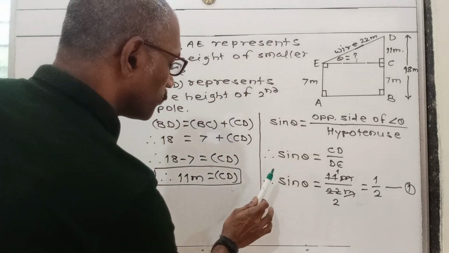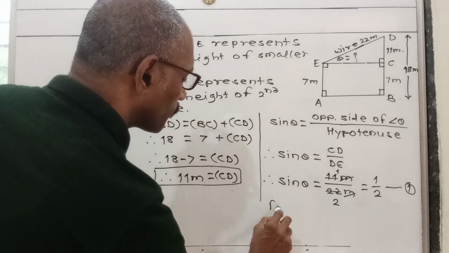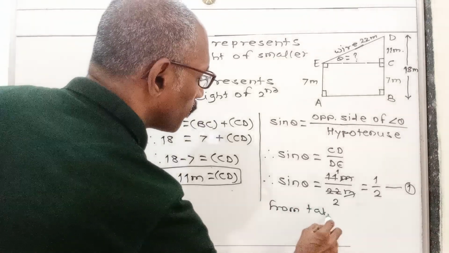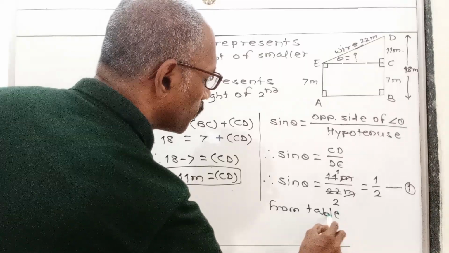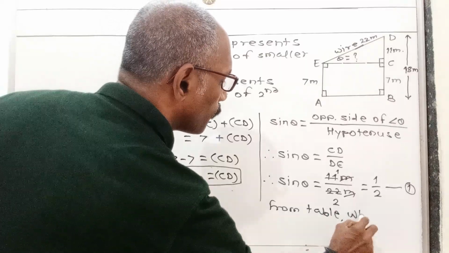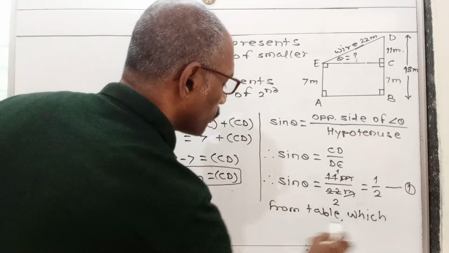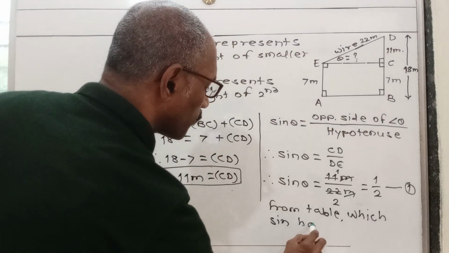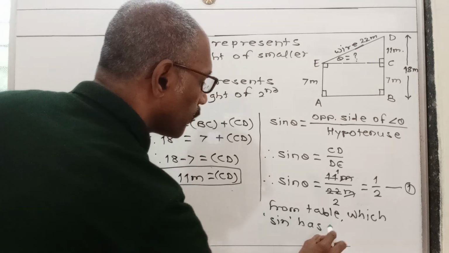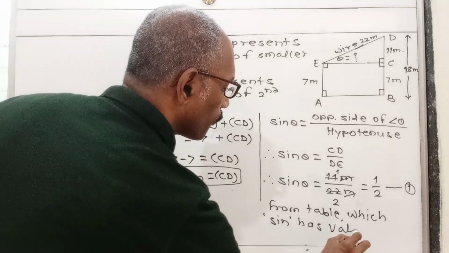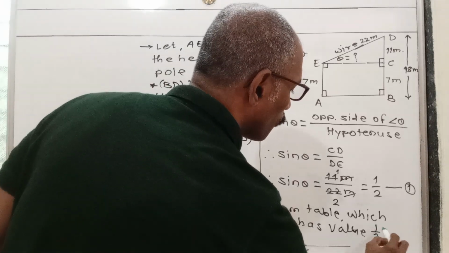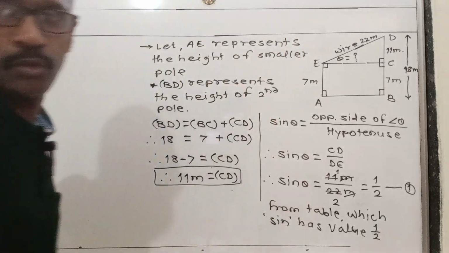From the table, see here, which sine has value 1 upon 2? From the table, which sine has value 1 upon 2?